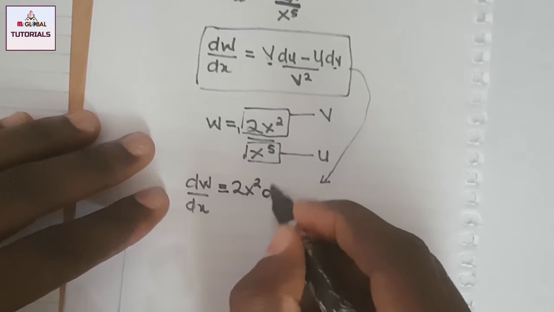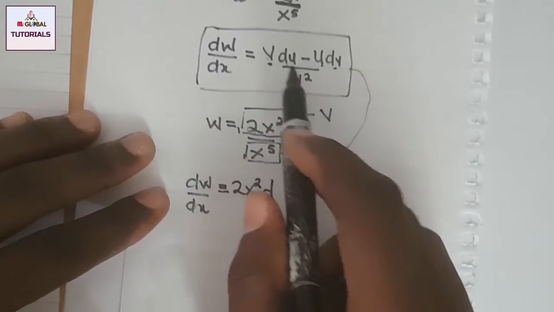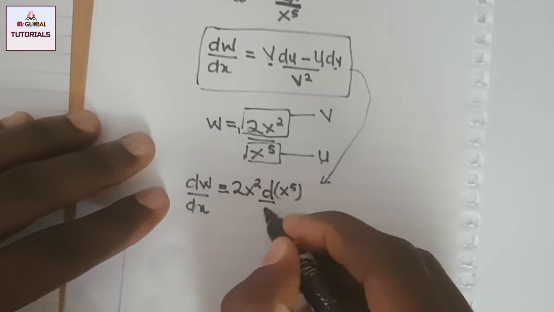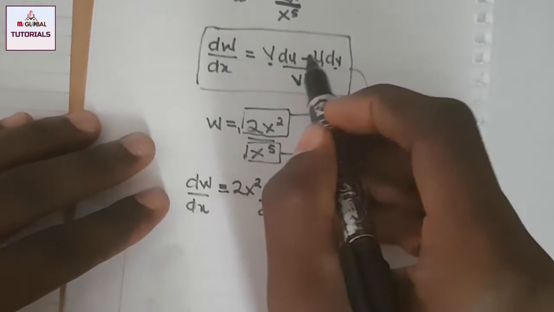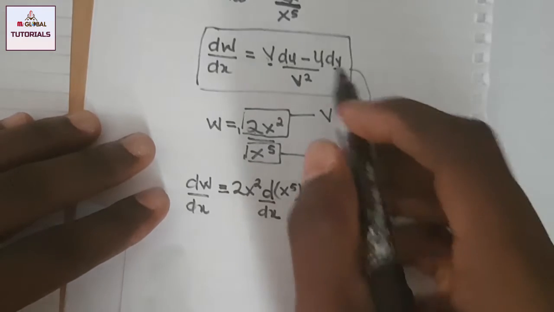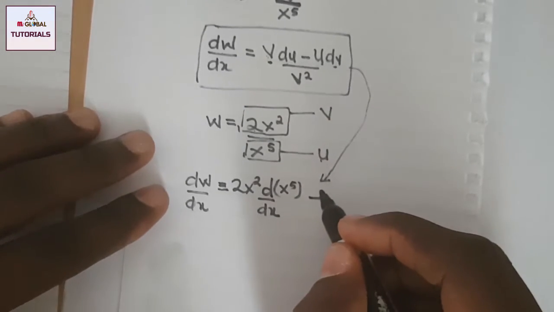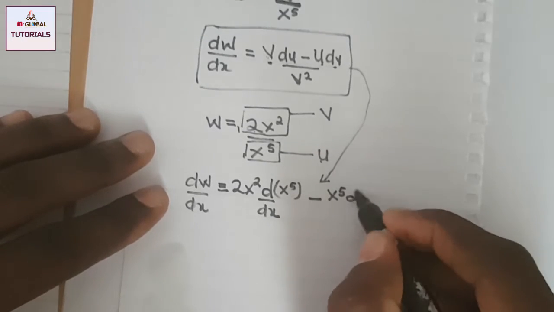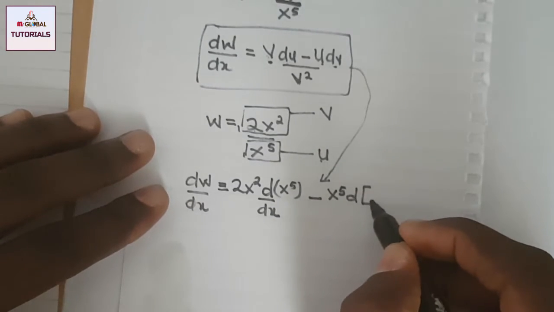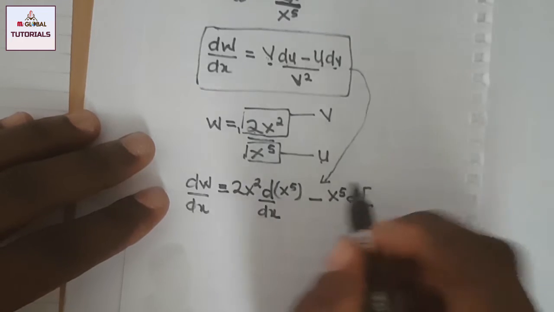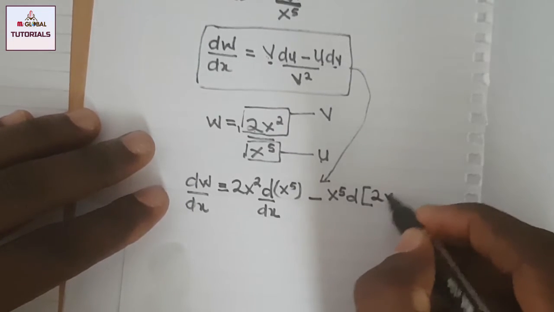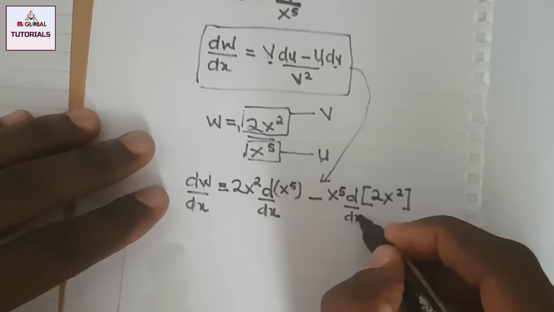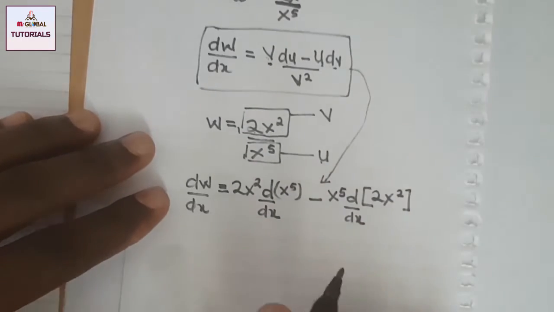Then we differentiate u, and the u is x to the power 5, over dx, minus u, we put it as a constant, x to the power 5. Then we differentiate our v, and the v is 2x squared, dx. Alright.